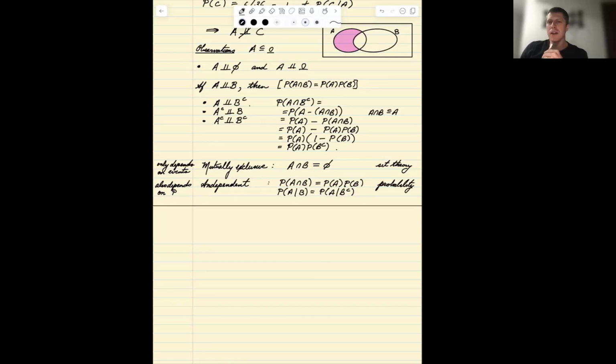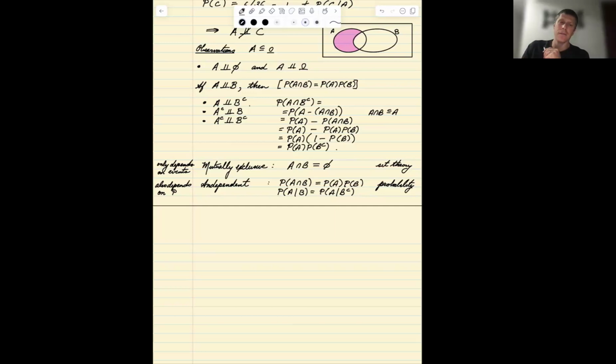You might want to think about under what circumstances mutually exclusive events can be independent. Almost never. There's one kind of degenerate case. If two events are mutually exclusive and they both have positive probability, then if you tell me that one of them happened, you're telling me that the other one did not happen, which definitely means I update my opinion about the other one.